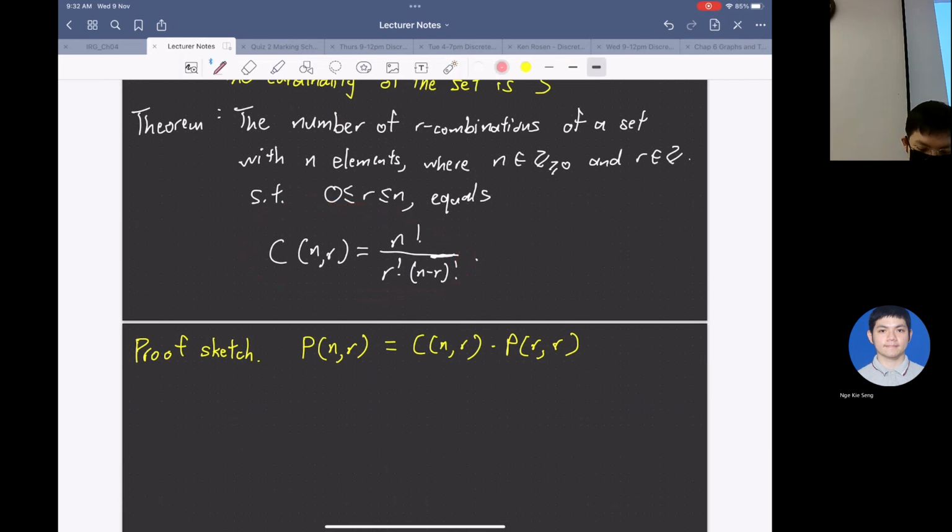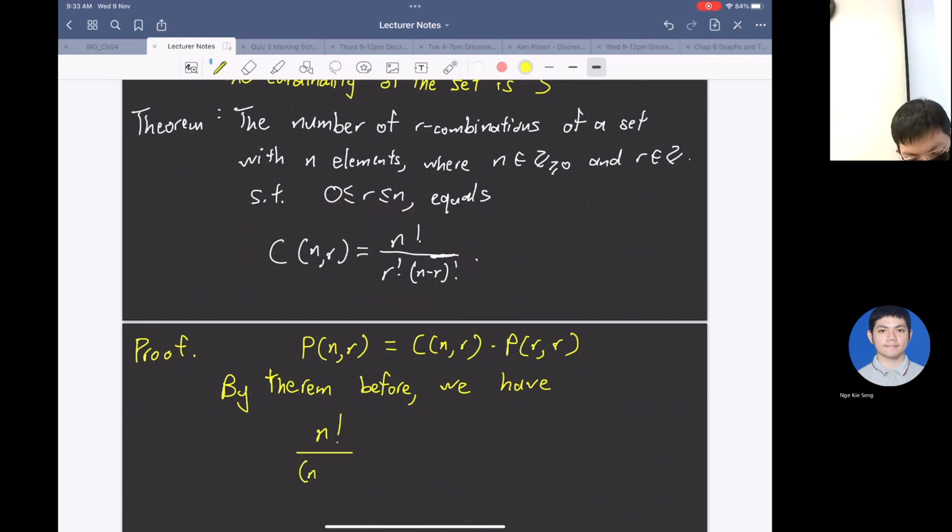Because by the theorem just now, P(n, r) is n factorial over (n minus r) factorial. And what about P(r, r)?